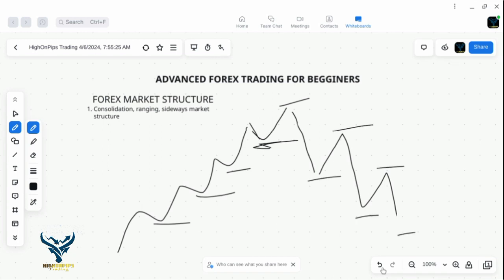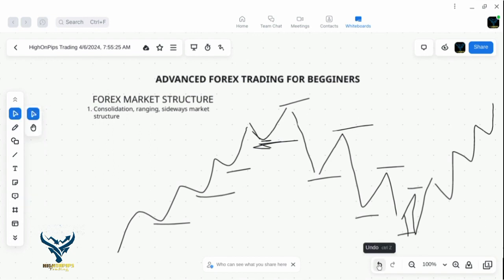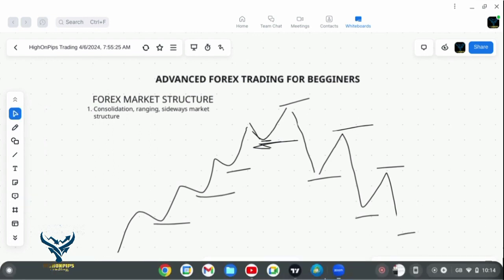So the moment it breaks this low over here, it signifies a change in the market structure from a buying one to a selling one, or from a selling one to a buying one. So if it's selling like this and then it reaches a low, it will break this high and then start doing this to signify a change in the market structure. Hopefully this makes sense, right? Let's look for a change in market structure.